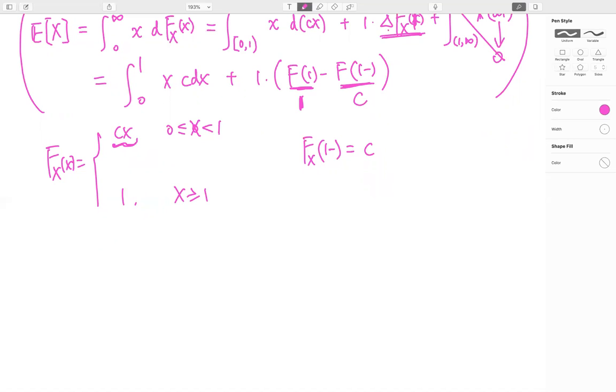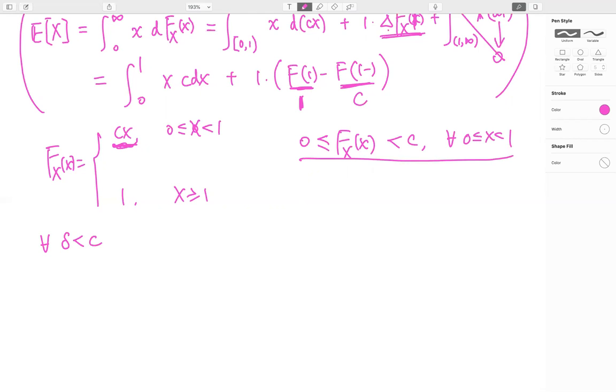So for any delta less than c, what I mean, if you are not comfortable with this, is that for this part, F(x) is greater than or equal to 0 and less than c, for any x between 0 and 1.